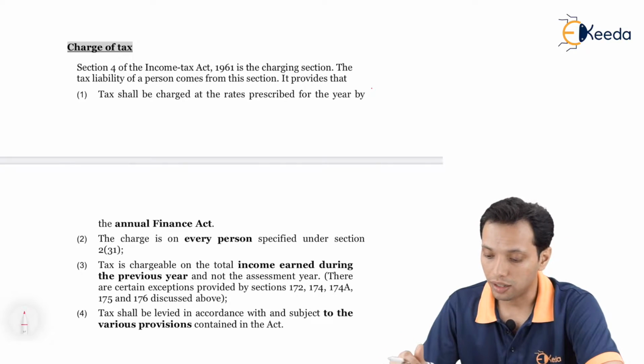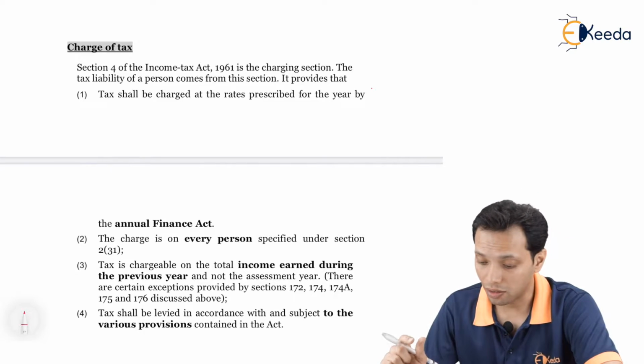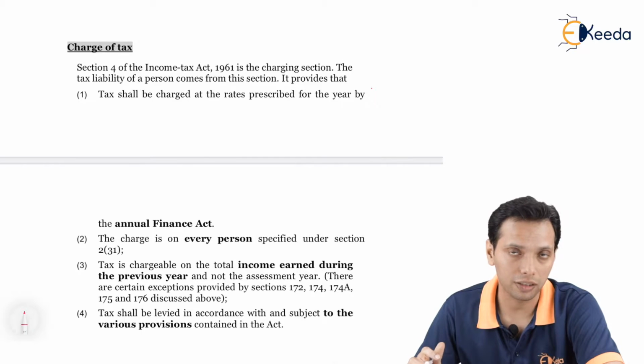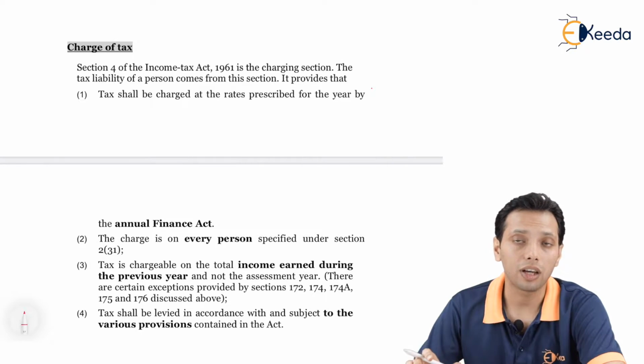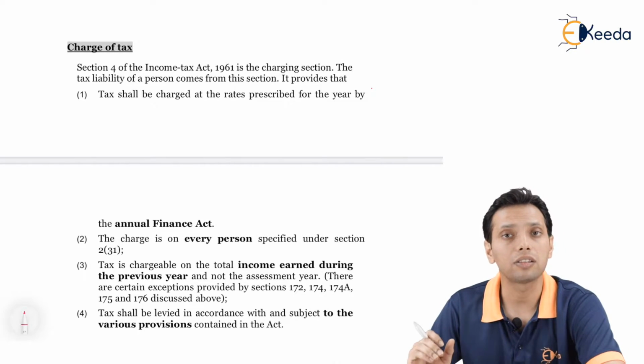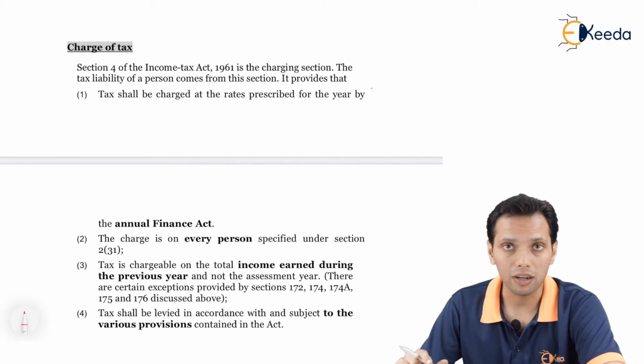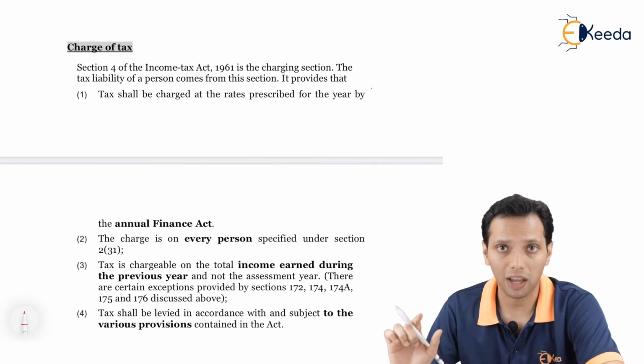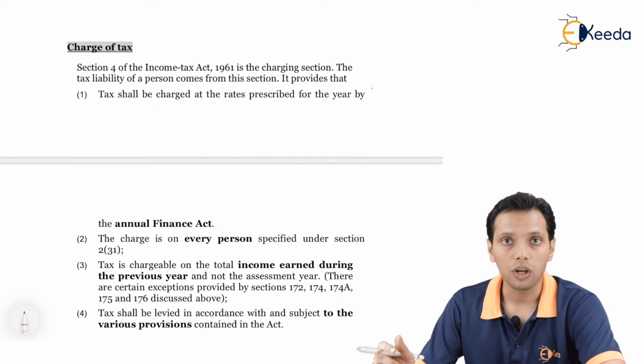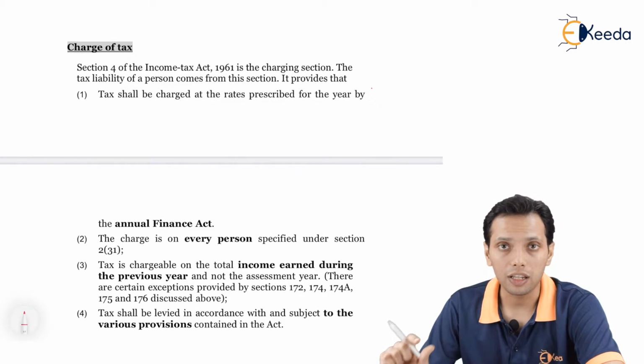The first point, tax shall be charged at the rates prescribed under the Annual Finance Act. The rates are prescribed in the Annual Finance Act as well as under the Income Tax Act. So clause 1 covers the rates as per the Finance Act, and clause 2 covers that the charge is on every person.